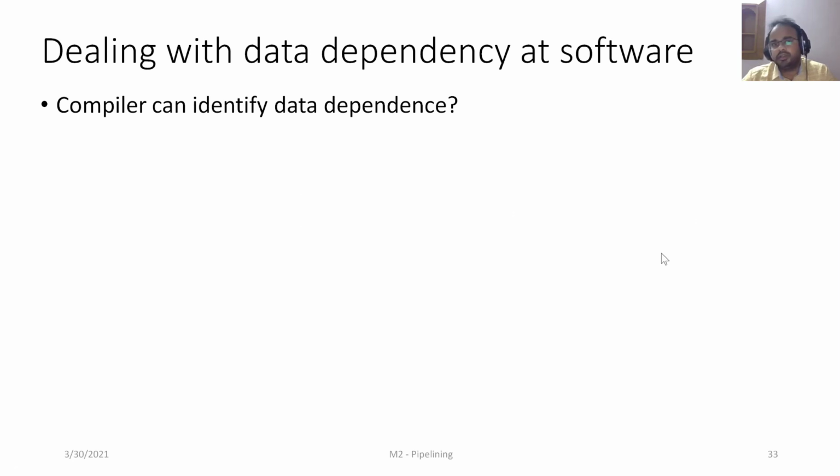The very first question that we need to answer to understand what we can potentially do is: can the compiler identify data dependence among the instructions? So data dependence, as you know, is of two types. One is through registers, the other is through memory locations. Now the very first question is, can we identify data dependence through registers?